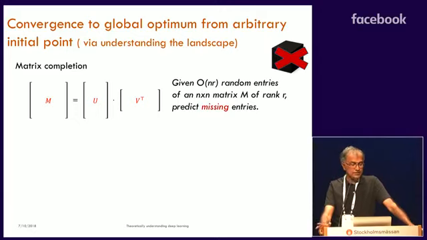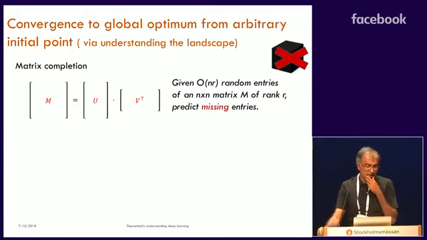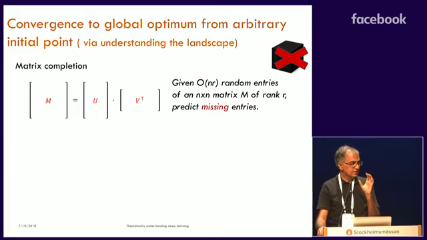And here's a very nice paper about matrix completion, which is a problem that theorists love, and there have been thousands of papers on it in the last 10 years. And now there's an analysis of matrix completion in the spirit of deep learning.